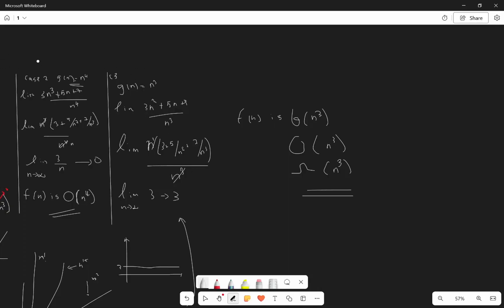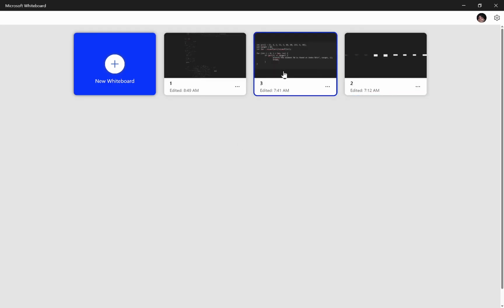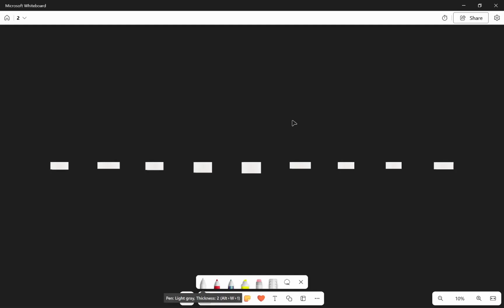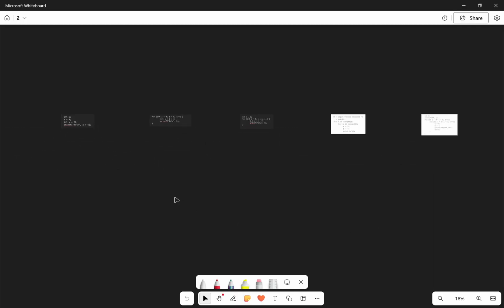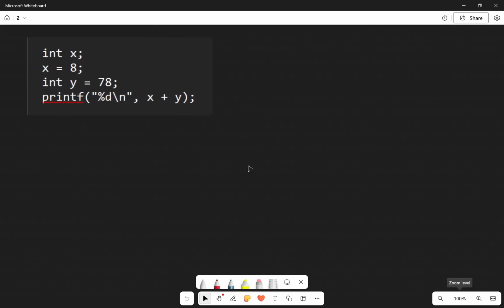So now we know how to analyze functions using these three notations. Right. So now we need to find a way to apply these notations to analyze algorithms. The way we can do it is that we can convert algorithms into functions, and we use those functions to analyze the algorithm.